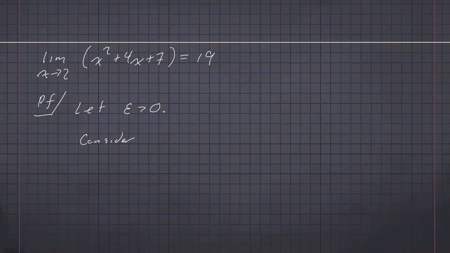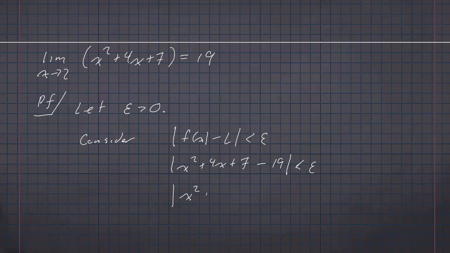And I consider what would happen if I took the absolute value of f(x) minus L and set it less than epsilon. The process of the proof is going to give me that |x squared plus 4x plus 7 minus 19| is less than epsilon, which will simplify into x squared plus 4x minus 12.